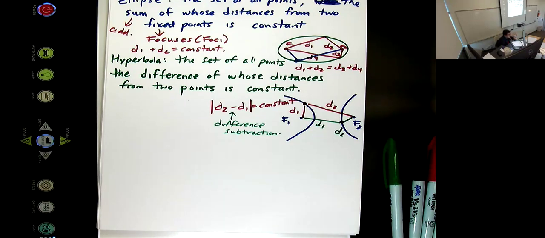So both ellipses and hyperbolas have two focal points, or two foci, not just one.